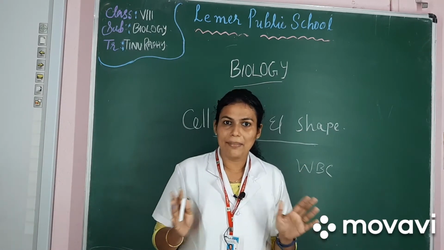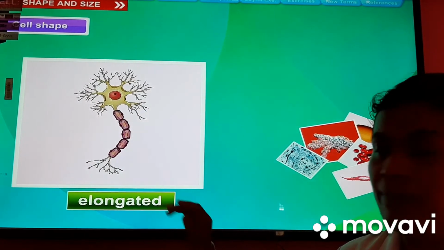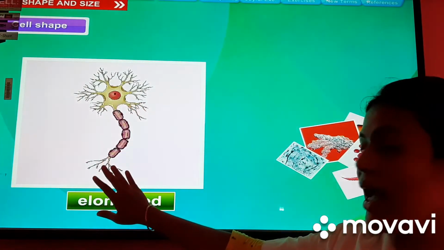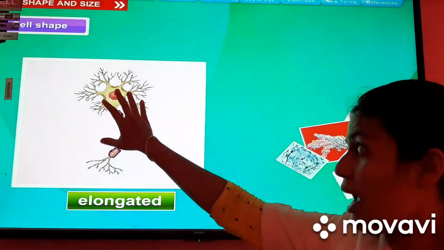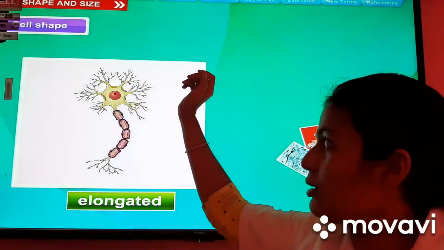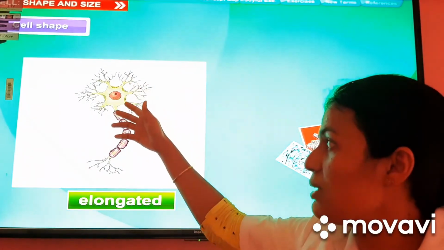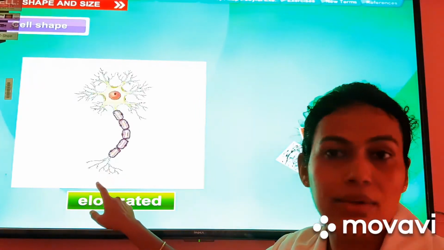Now let's examine a neural cell. Here you can see a nerve cell that is elongated. It has a head region and a tail region. The head region is called dendrite and it's like webbed. The information and pulses get in here, pass through the neuron, and are passed on to the next cell through the tail region.